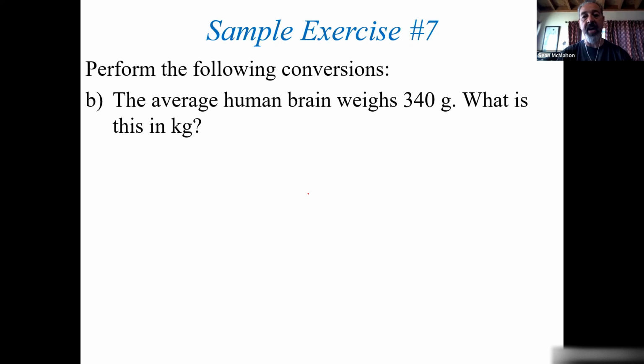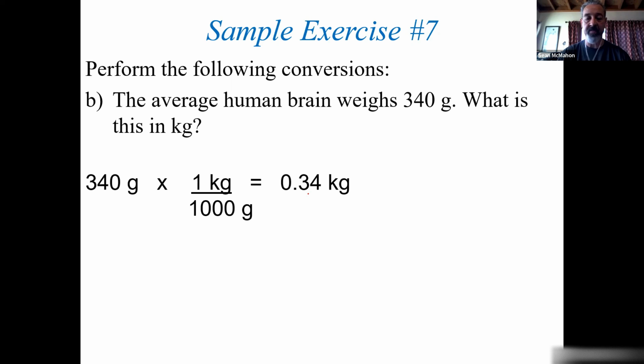So here, the average human brain weighs 340 grams. What is this in kilograms? So I'm starting with grams. I want to go to kilograms. For that metric conversion, so I don't use it for sig figs, I know there's 1,000 grams in a kilogram, right? Because kilogram is bigger. Remember 10 to the 3.